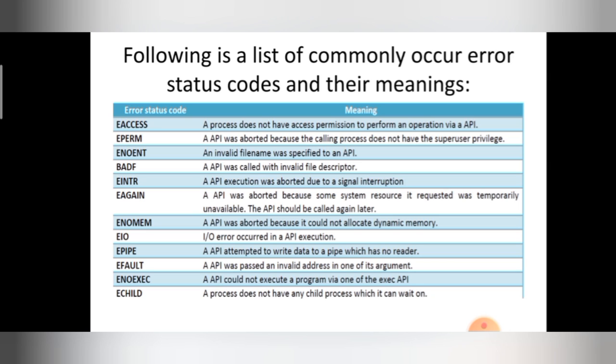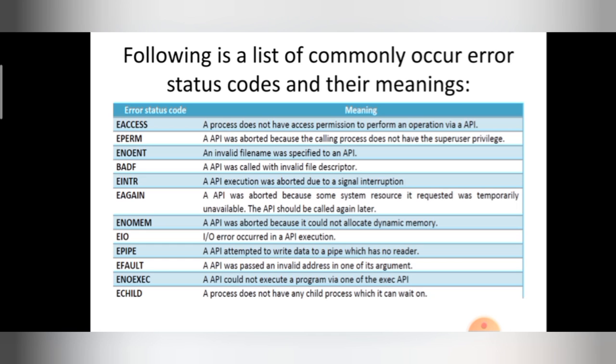Next, EAGAIN: the API was aborted because some system resource it requested was temporarily unavailable. The resource was not there, that's why the API stopped. Again it should call for the resource. Next, ENOMEM: the API was aborted because it could not allocate dynamic memory. That's why the error was displayed.